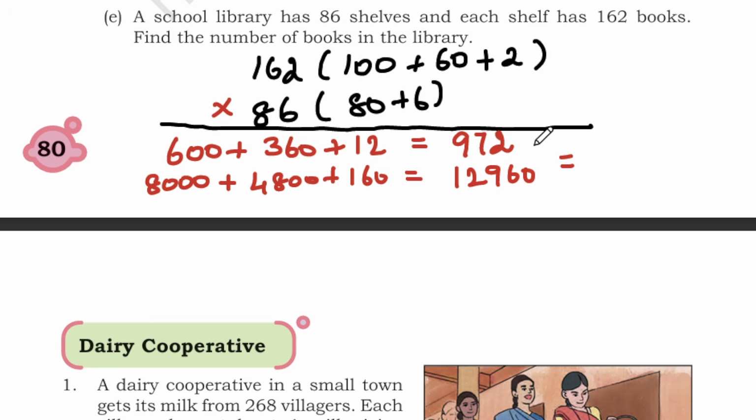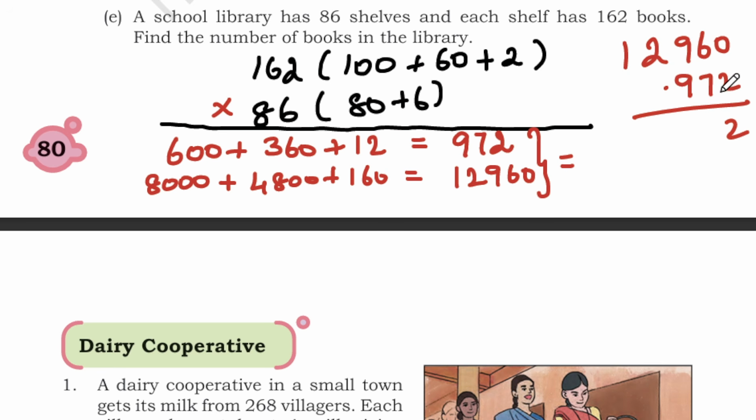Okay, so if you add these together, 12,960 plus 972. So 2, 6 plus 7 is 13, 3 balance 1, 9 plus 1, 9 is 18, plus 1, 19, 3.